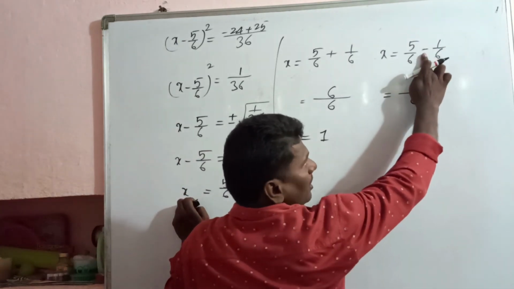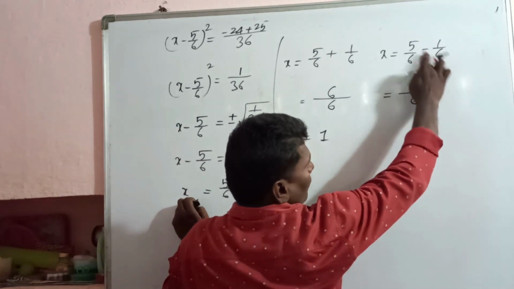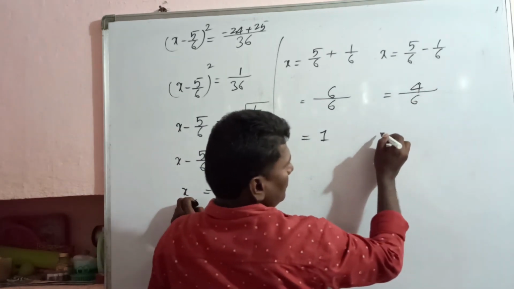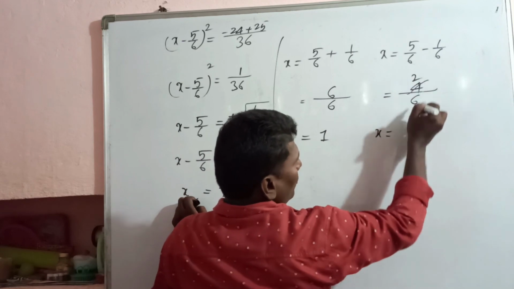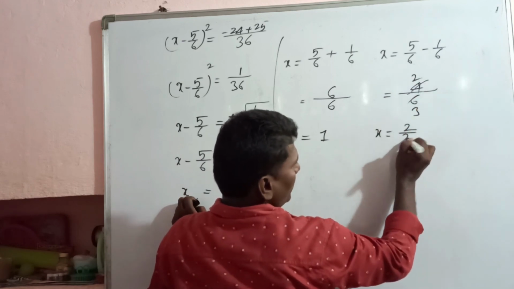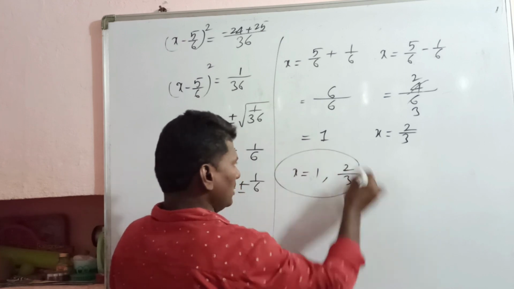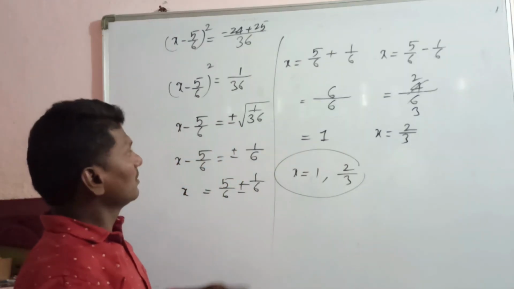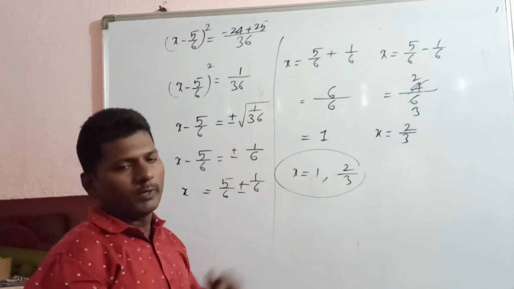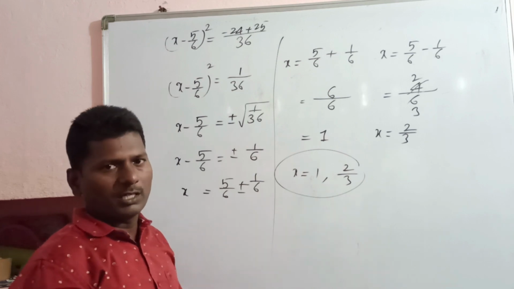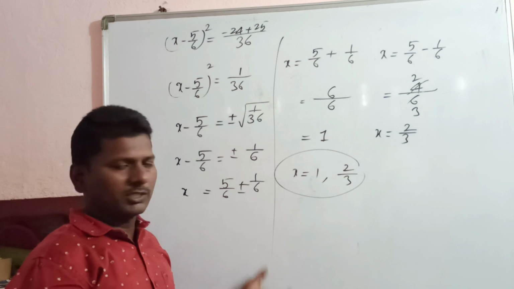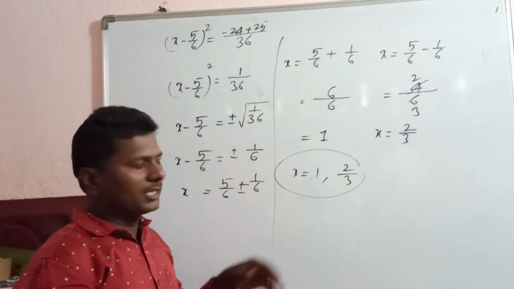Here we have the minus symbol, so 5 minus 1 is 4. 2 twos are 4, 2 threes are 6. I got 2 by 3. So the x values are 1 and 2 by 3. These are the roots of the given equation, 1 and 2 by 3. So in this way we solve a quadratic equation using the completing the square method.